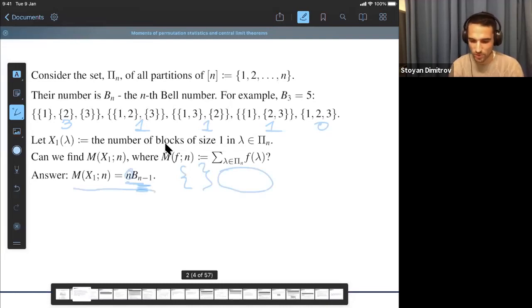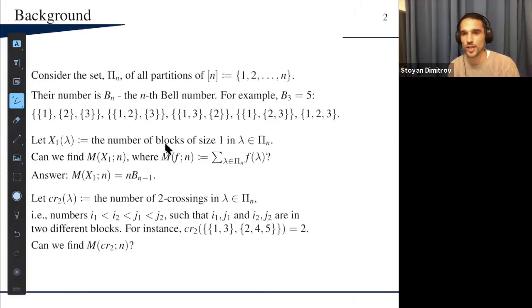This was easy, but let's look at a bit more complicated statistic: the number of 2-crossings in a set partition. These are 4 numbers in increasing order, i1, i2, j1, j2, such that i1 and j1, and i2 and j2, are in 2 different blocks.